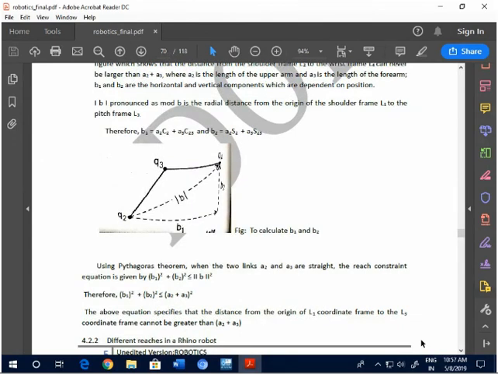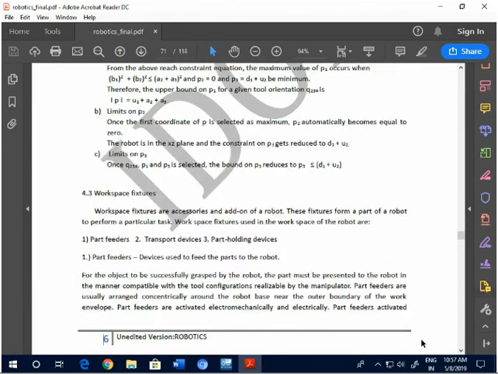Now, different reaches in the Rhino. From the above equation of the reach constant, the maximum value of P1 will occur when B1 square plus B2 square is less than A2 plus A3 square, and P2 is equal to 0, and P3 is equal to D1 plus D2 will be minimum.